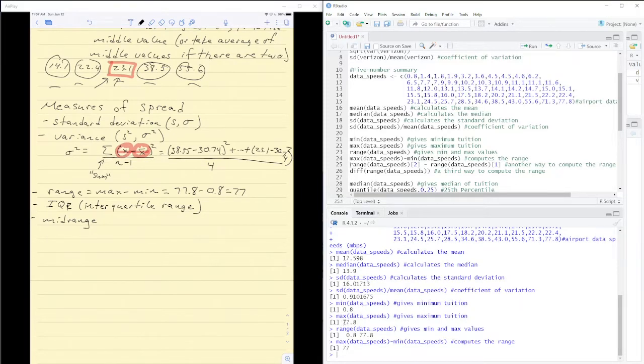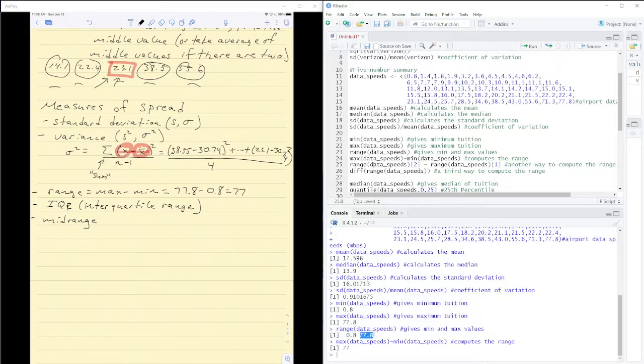Here the numbers are easy for us to subtract in our head or even on paper, but here's one way we can do that. Just type out the max minus the min, right? Without knowing what the numbers are, you can certainly command them with max and min. Notice when we typed out range, it gave us two numbers, a first number and a second number.